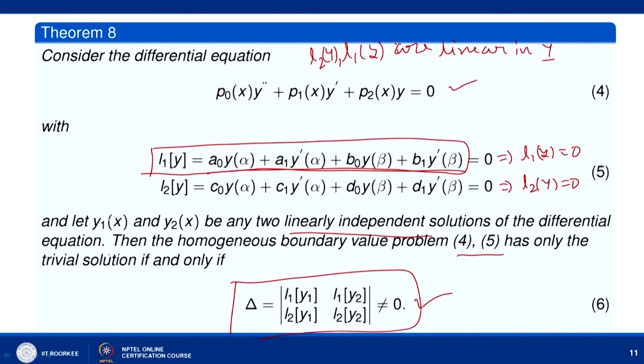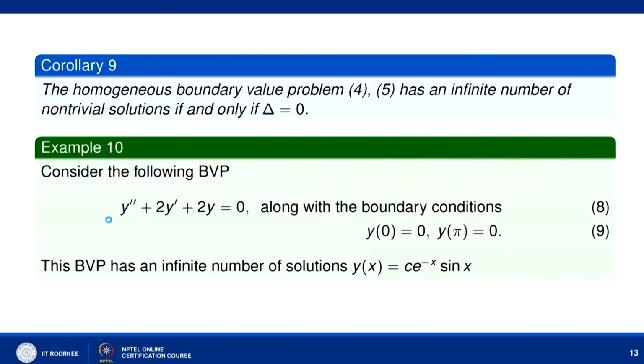So, it is very much centric about the boundary condition rather than your solutions itself. So, here you can take any two linearly independent solutions and you can easily check this.